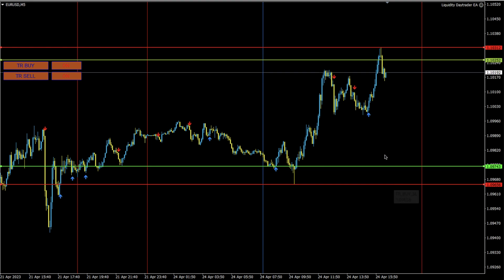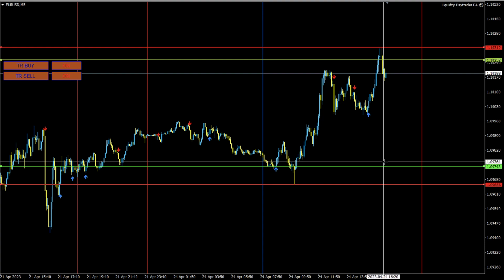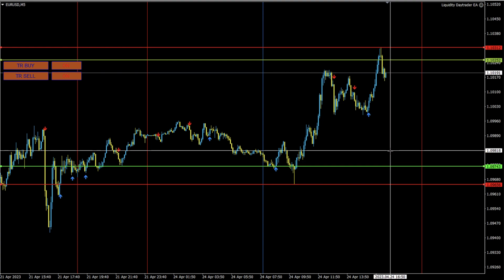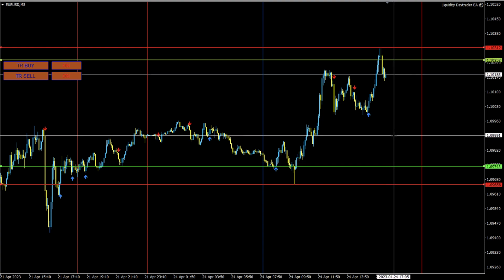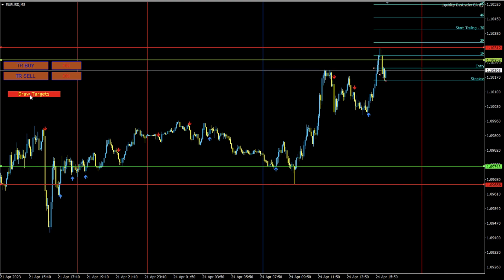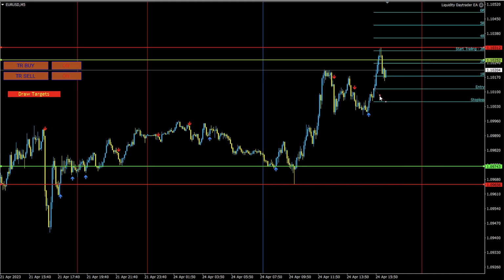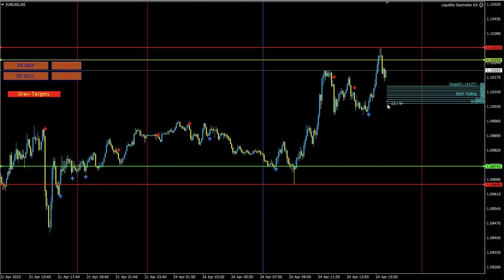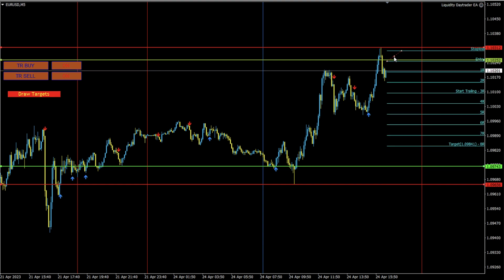Now, the important thing that you need to know is that this EA will automatically trail the trade. So for example, if the trade goes up like 1R, let's suppose, for example, we have an entry here.